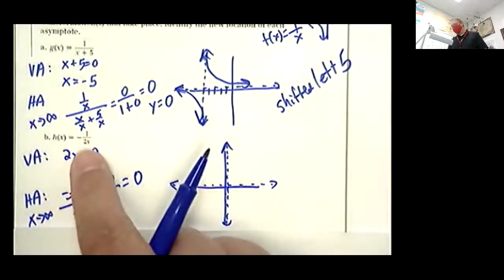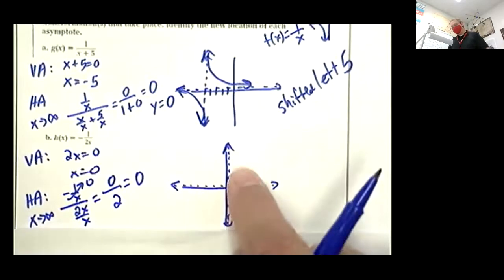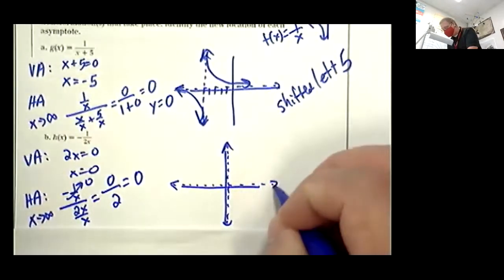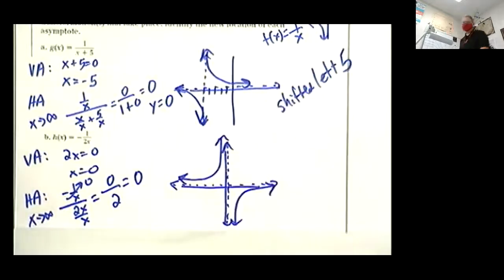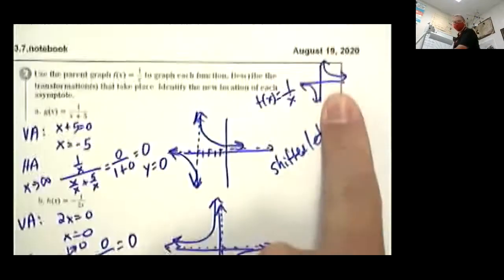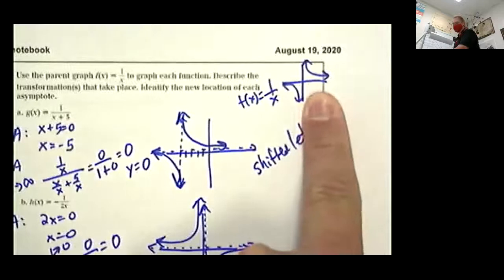If we plug in a 1, no longer are we above, we're actually down below the axis. And no longer is this one down here, this one's up here. And that's generally what happens when we multiply by the negative. Again, it's a flip. Look at our original. Here's our original, y equals 1 over x. There's the flip over the y-axis.